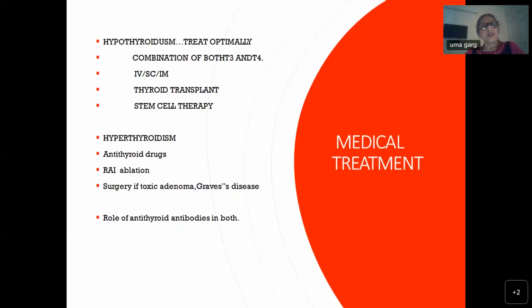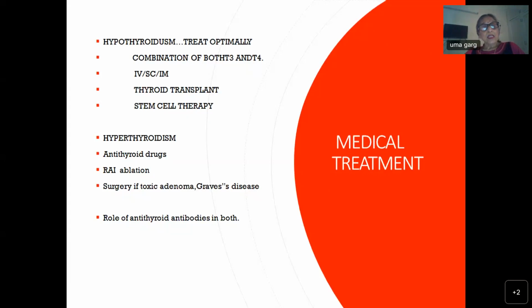Thyroid transplant has also been described in history, but that is not done now. And then we have hopes from stem cell therapy. In hyperthyroidism also, antithyroid drugs can be given. Radioactive iodine ablation can be done of a hyperthyroid nodule.